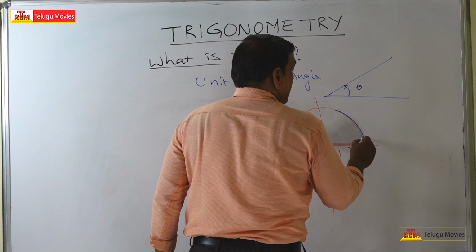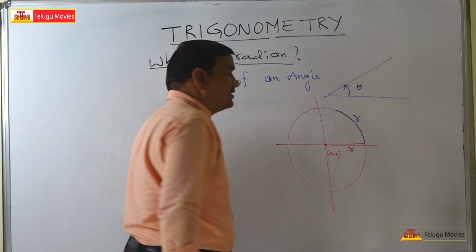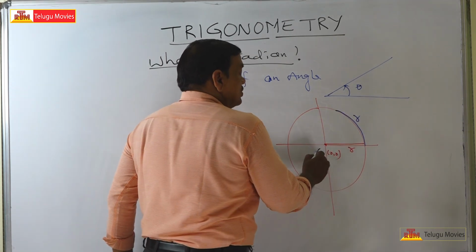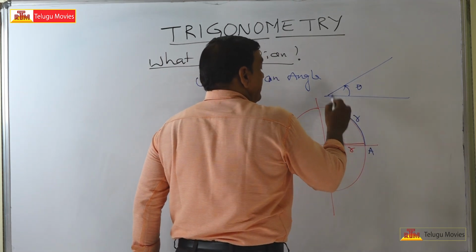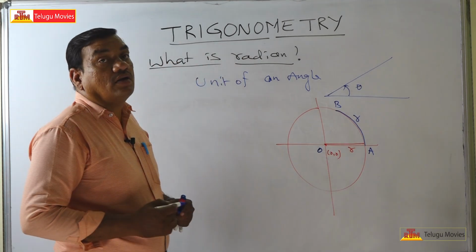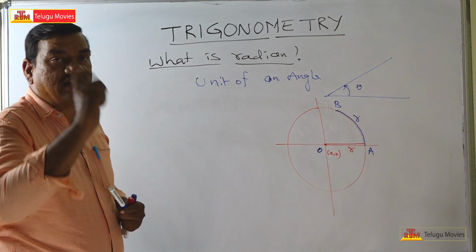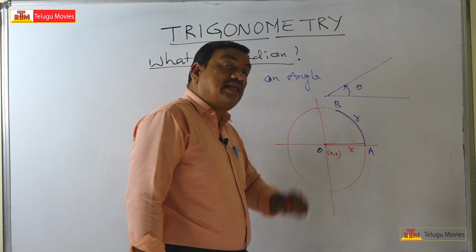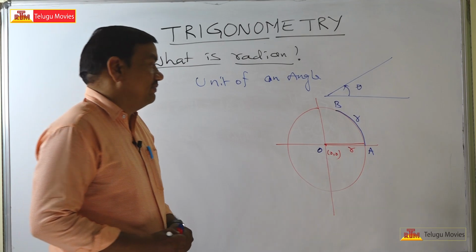For example, if it is 10 centimeters, the length of the arc AB is also 10 centimeters. Understand this? So the radius is 10 centimeters, and the length of the arc is also 10 centimeters.